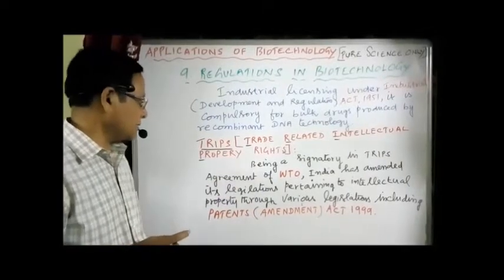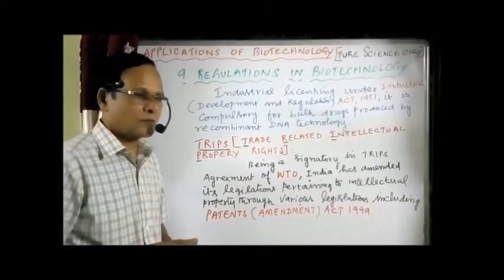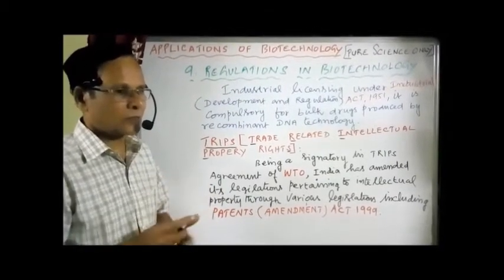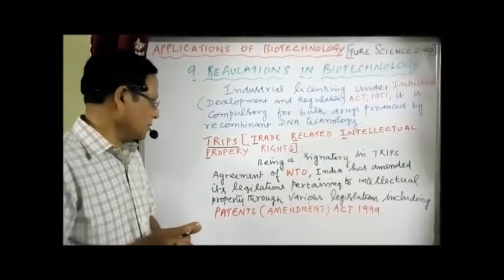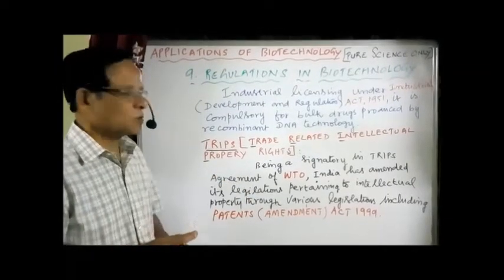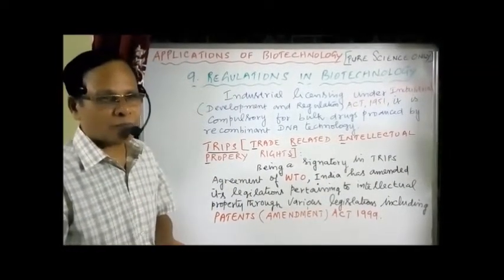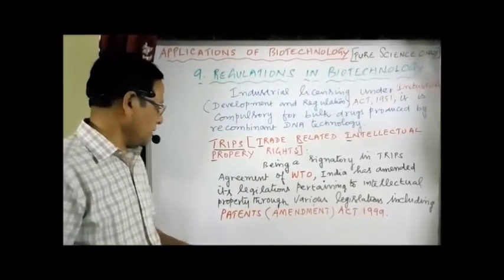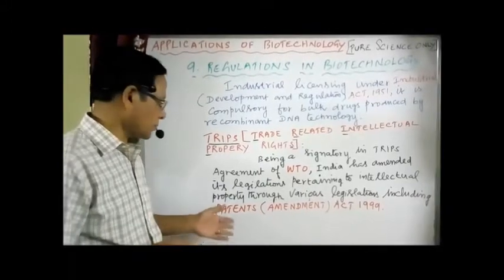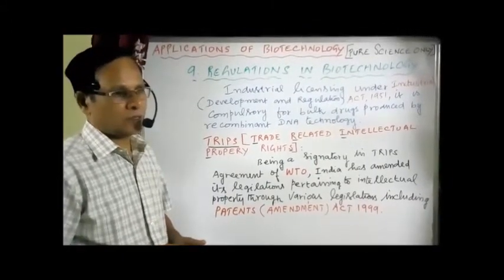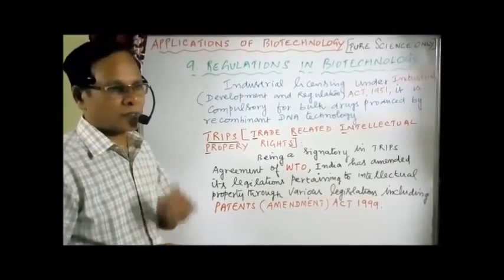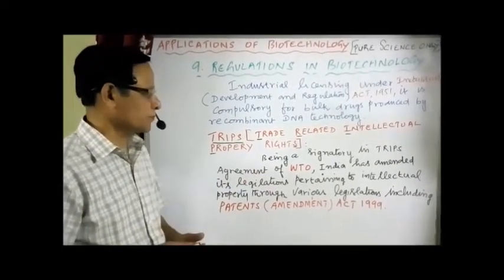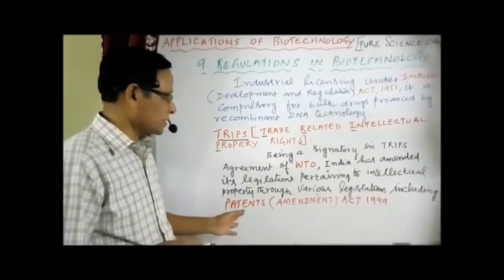India has amended its legislations pertaining to intellectual property. One has to get the property on his own name; that is called intellectual property. Through various legislations or amendments made by the government, either in the parliament or in the assembly, including patents. We'll talk about patents, the right to have one's own products, a license. No one else can claim it. That is called patency. So the legislations including the patents act, the 1999 amendment, were amended by the Indian government pertaining to intellectual property as per World Trade Organization instructions.